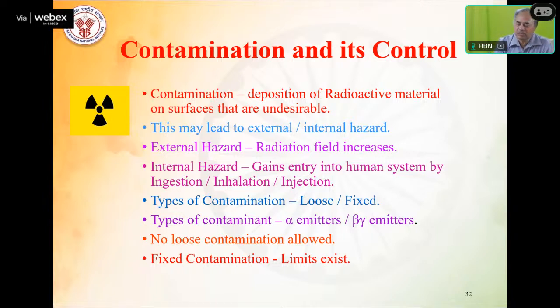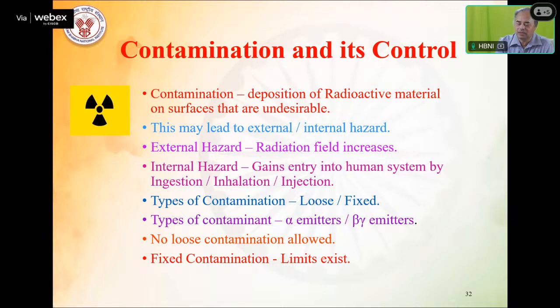So, types of contamination: it can be loose, it can be fixed, but loose contamination is not allowed. In our plant, we make sure that there is no activity in the air. We have continuous air monitors. Continuously, we monitor the air so that there is no radioactivity in the air, because loose contamination is very risky.